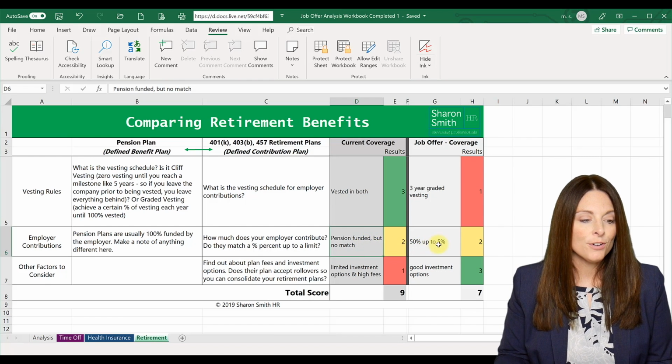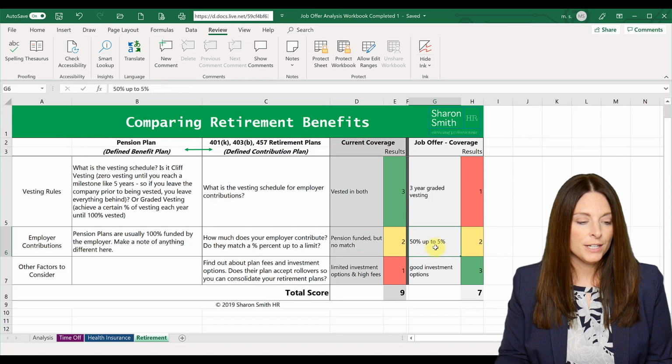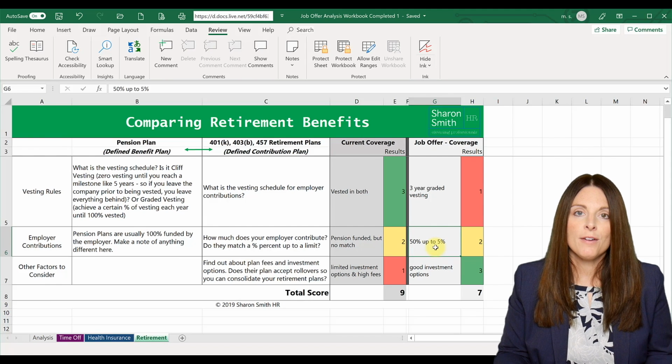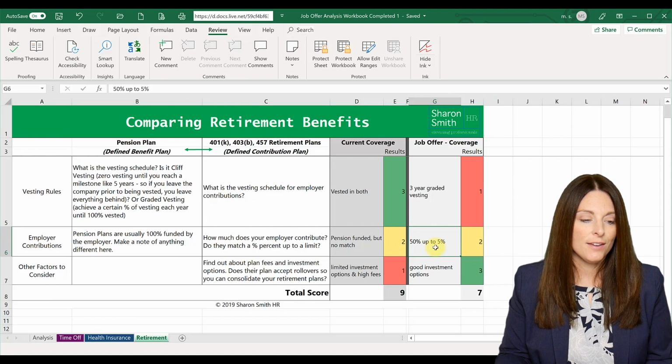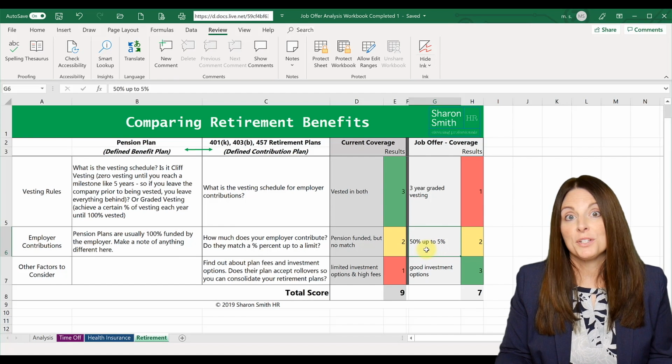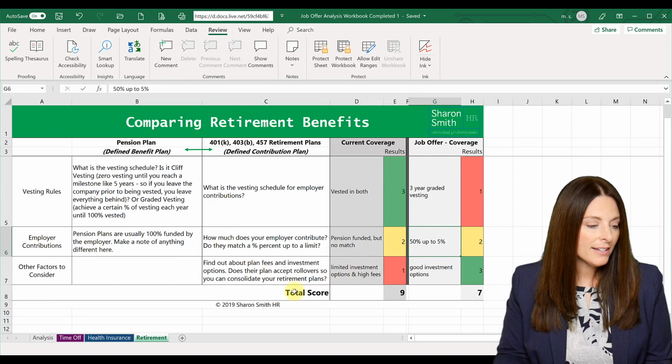These are all things that you're going to have to look at for your own choices and for yourself. Versus looking at the employer match over here, we know that based on the job offer and the benefits that the HR person gave us, the benefit summaries, we know that they match 50% up to 5% of your salary. So taking that into consideration, we scored these. They scored very similarly.